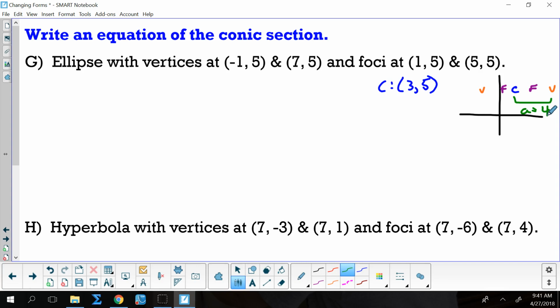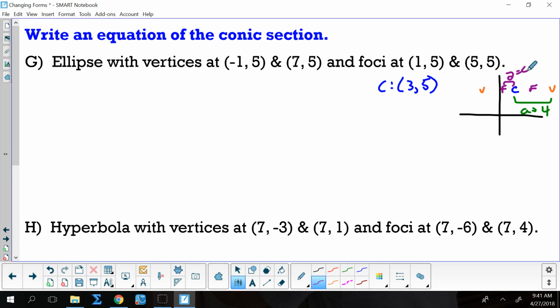What else do I have? You have c, but I don't know what it is. C is the distance to the foci, which is 2.